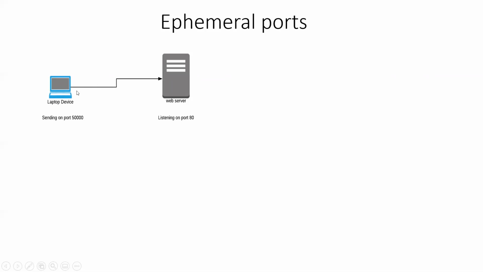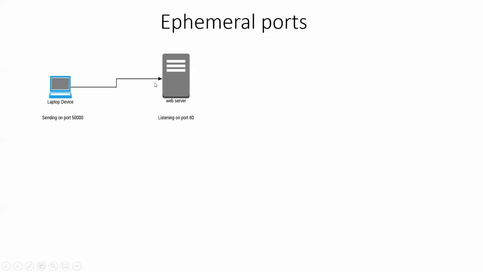Does it make sense? The next request could be made from a different port to again port 80, but when you write the response back, you have to write to that port. So that is why, when you give the response back to the client, you have to have those ports open.